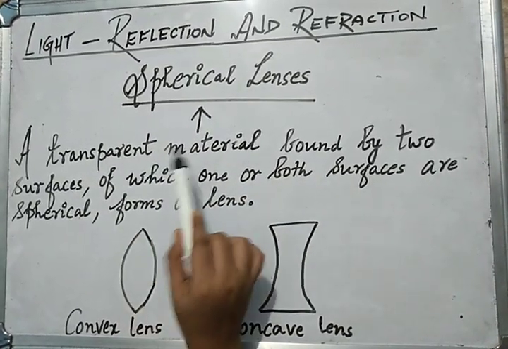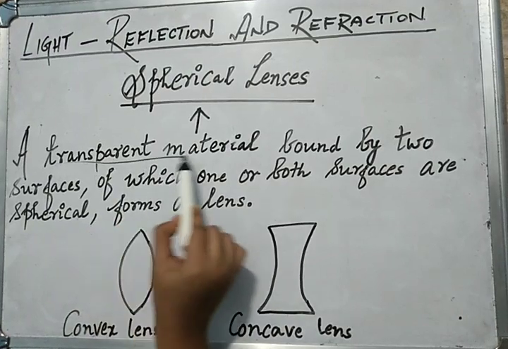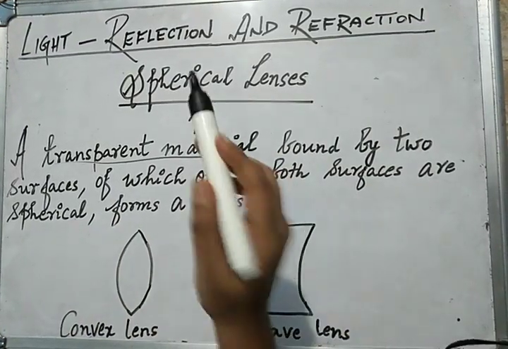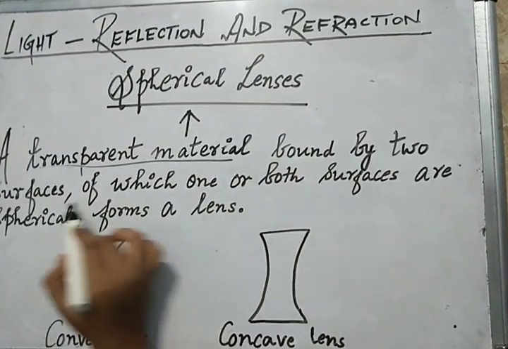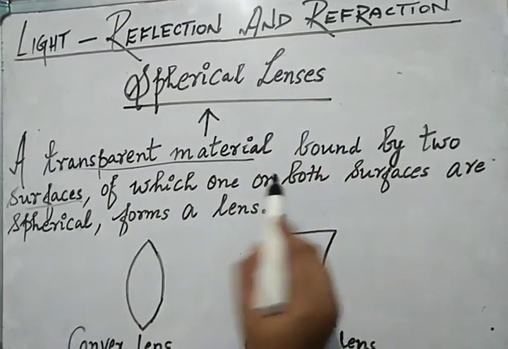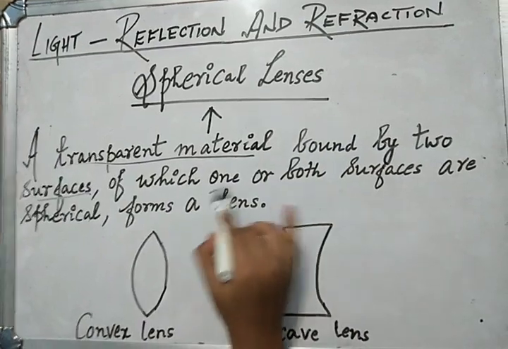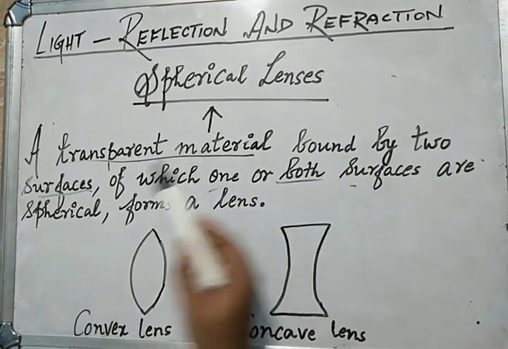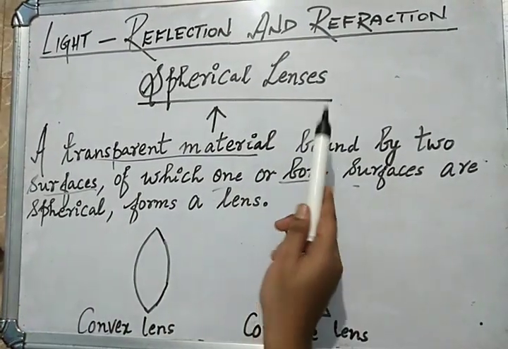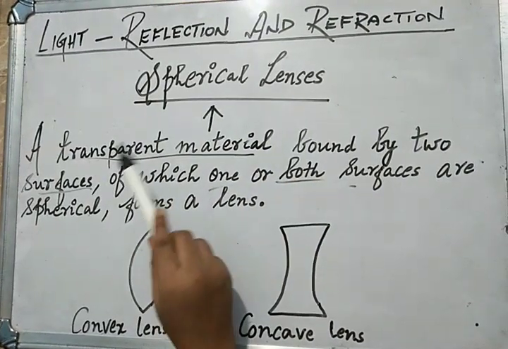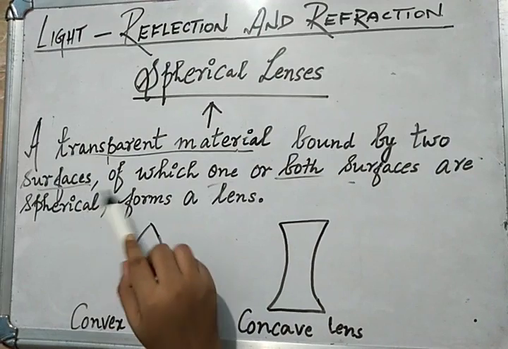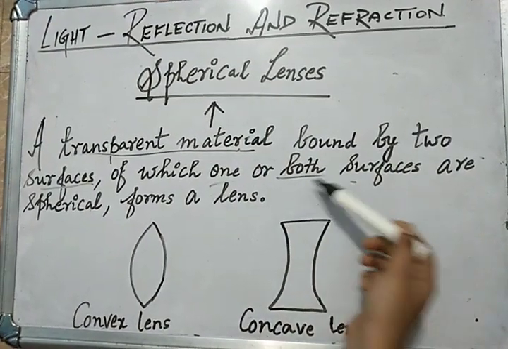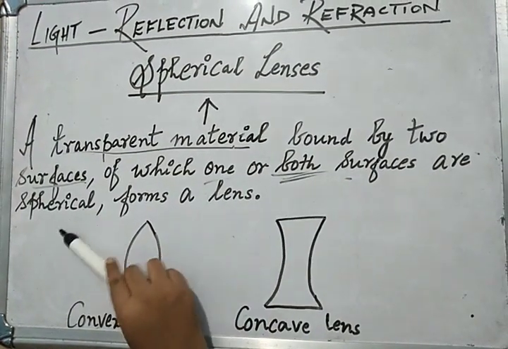It is a transparent material, which means you can see through it. A spherical lens is defined as a transparent material bound by two surfaces, of which one or both surfaces are spherical.